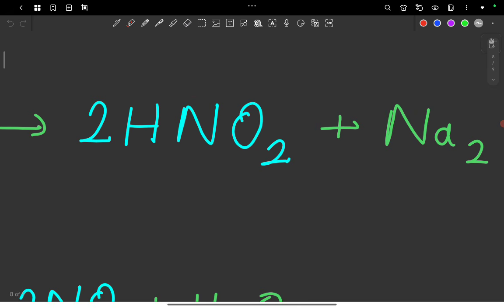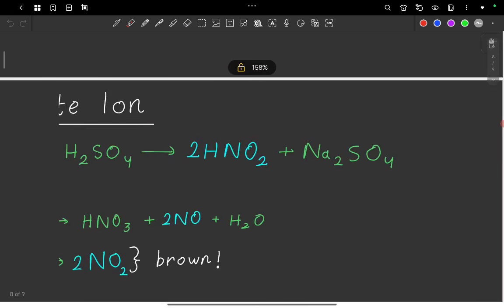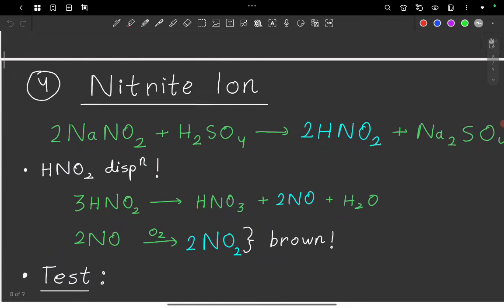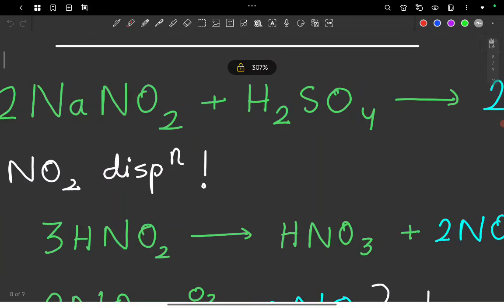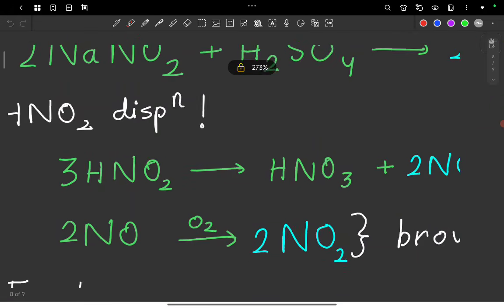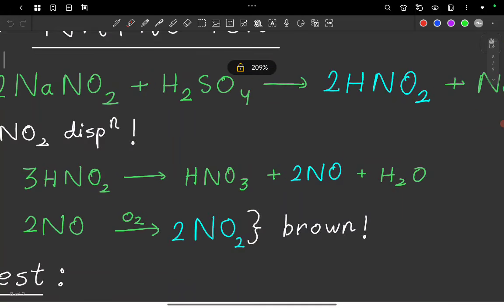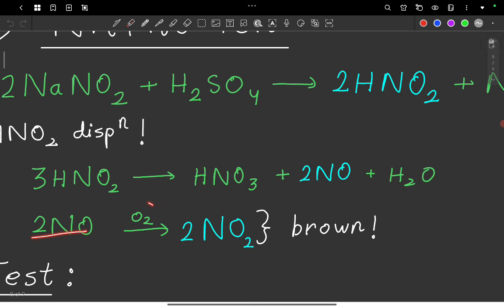Nitrogen can disproportionate in any intermediate oxidation state between its maximum of +5 and its minimum of -3. So HNO2 disproportionates: it breaks down into HNO3 and nitric oxide, and the nitric oxide on reaction with oxygen from the air gives nitrogen dioxide.